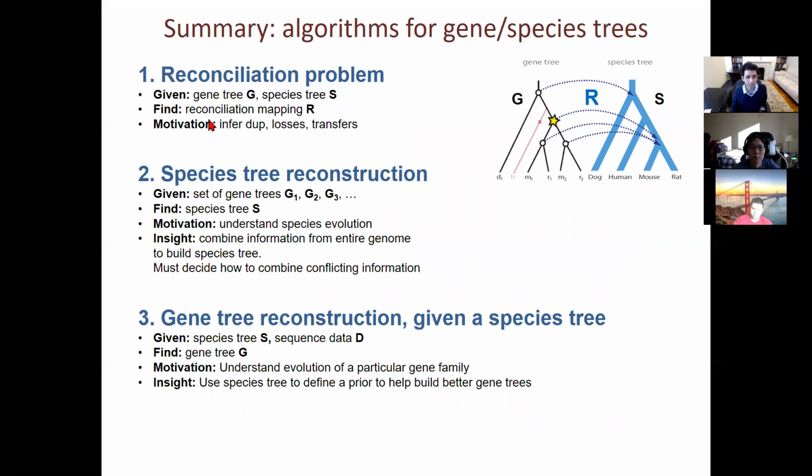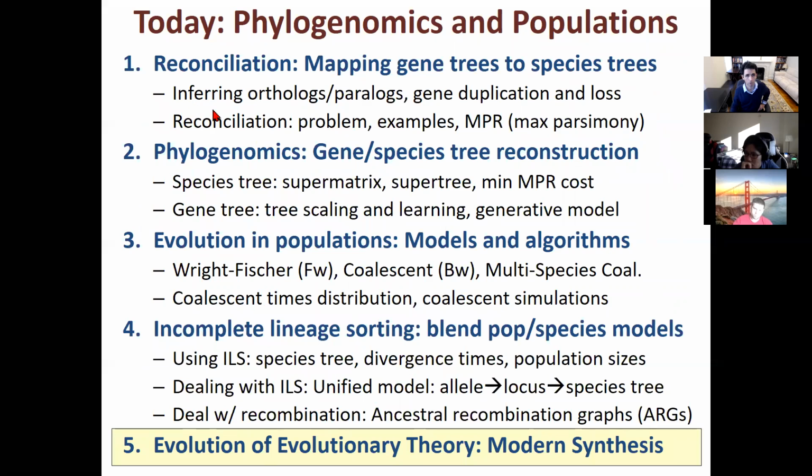So in summary, we basically looked at the reconciliation problem of basically mapping a gene tree to a species tree, about species tree reconstruction given a set of gene trees, and about gene tree reconstruction given a species tree. We looked at phylogenomics for building species trees more robustly and also building gene trees more robustly if we know the relationship between gene trees and species trees.